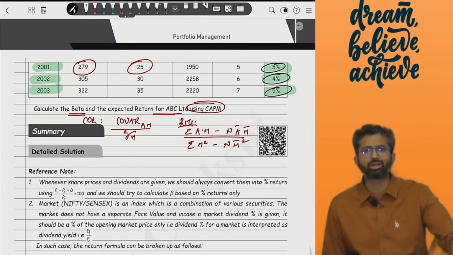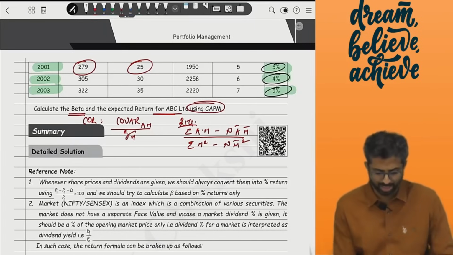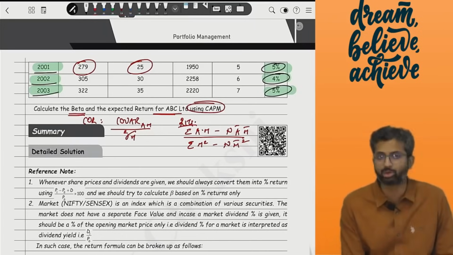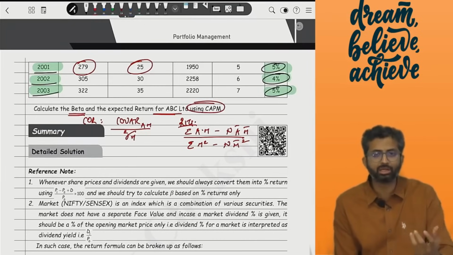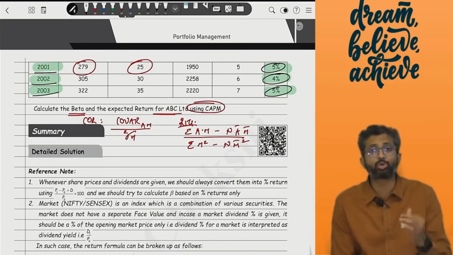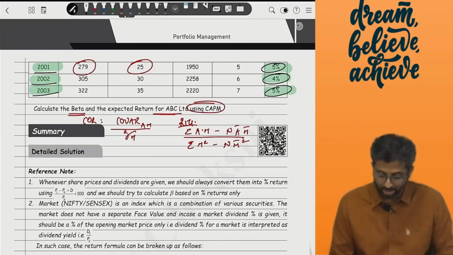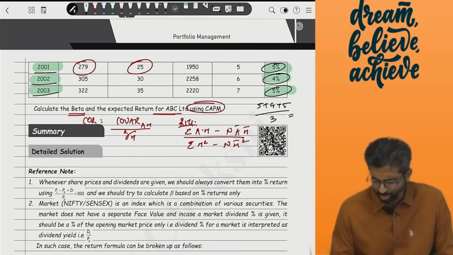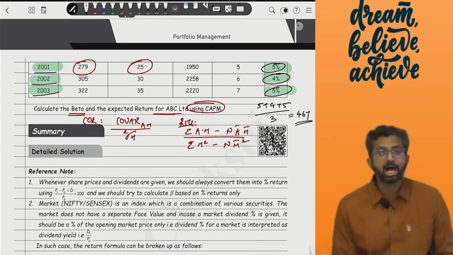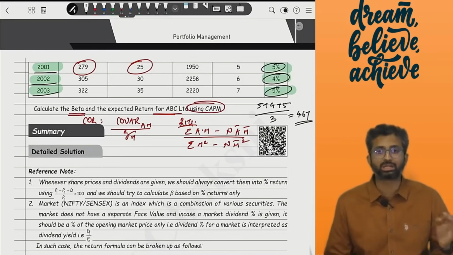Your market return was calculated for the years 2001, 2002 and 2003, and your ABC return is also for 1, 2 and 3, and then your RF should ideally be for 1, 2 and 3 only. So if I take the simple average, 5 plus 4 plus 5 divided by 3 will come to approximately 4.67%. That will be your RF because it is based on a consistent base.